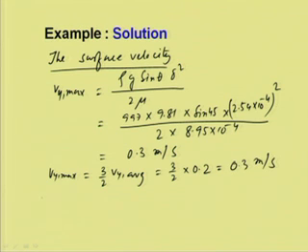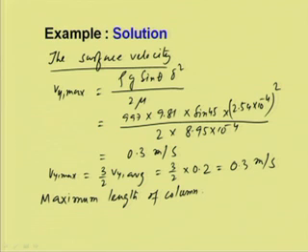So, the maximum length of the column would be equal to time, 0.243 second, into 0.3 meter per second.